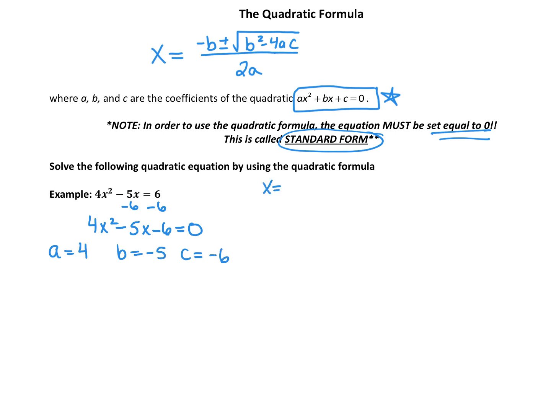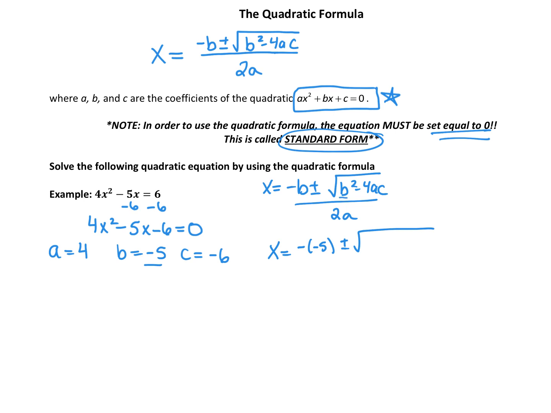Now I'm going to plug each of these values into my formula, and I always write my formula out before I start plugging in, so that way I have it written out. So negative b plus or minus the square root of b squared minus 4ac all over 2a. So negative b, well b is already negative, so we're going to have negative b, which will end up turning positive.